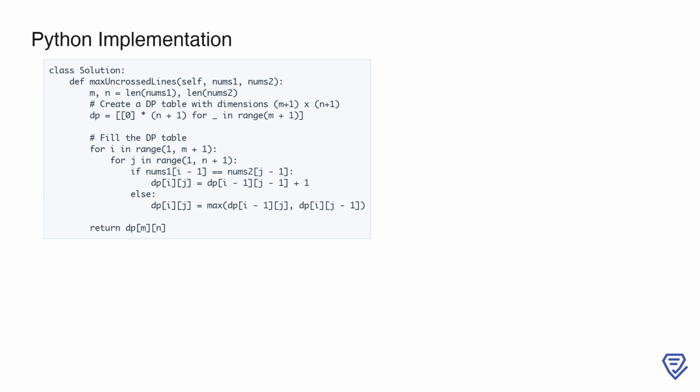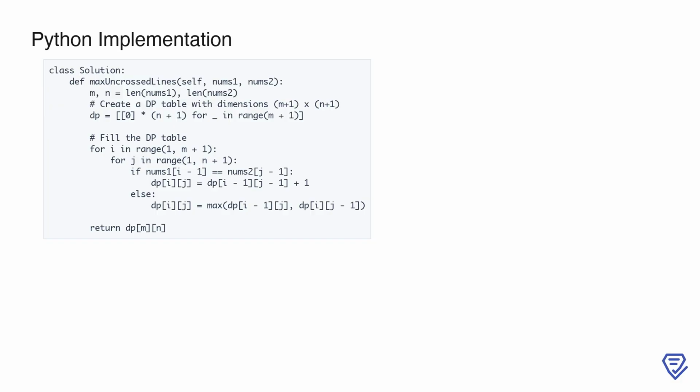The nested loops iterate through each pair of indices i, j in nums1 and nums2. If the elements nums1[i-1] and nums2[j-1] match, remembering that DP is 1-based while arrays are 0-based, we add 1 to the value obtained by excluding these elements, DP[i-1][j-1].